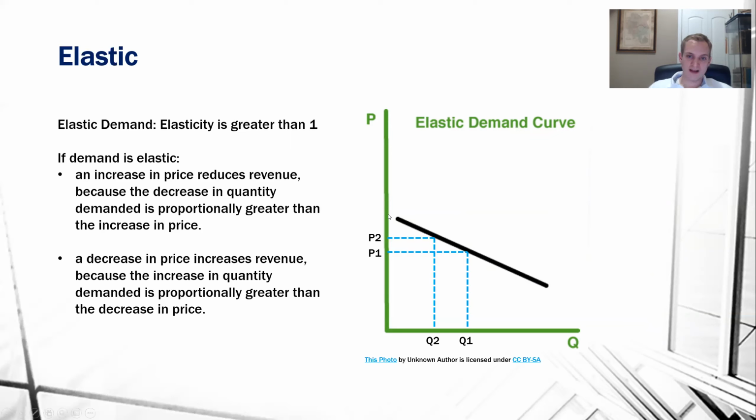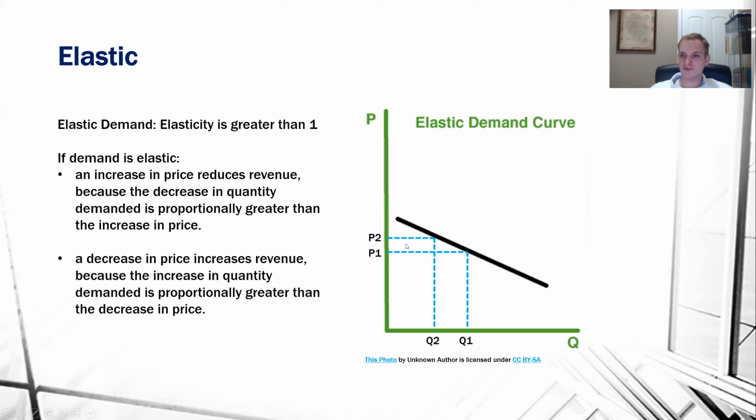So when we see our price increase from P1 to P2, we're moving up this demand curve because our quantity demanded is changing. So we have our Q1, or quantity 1, which is associated with that price 1, or P1, point.